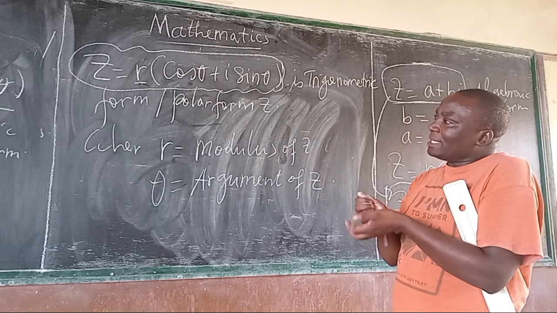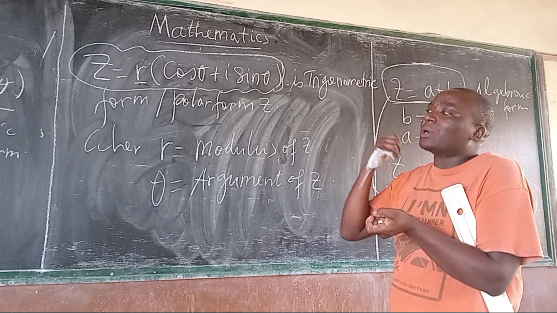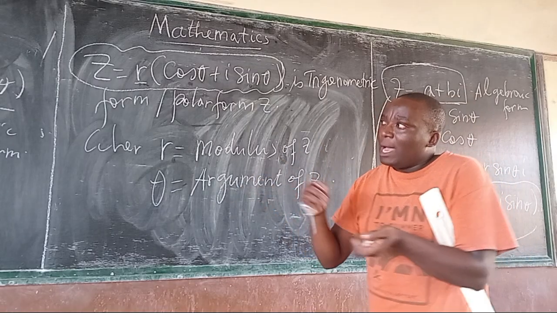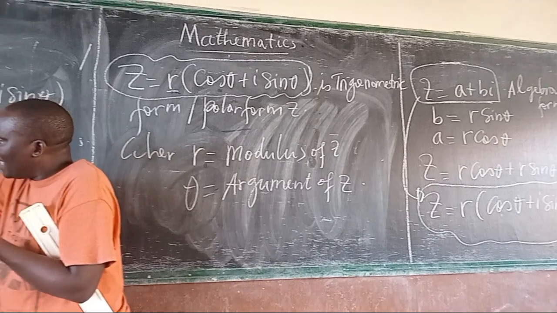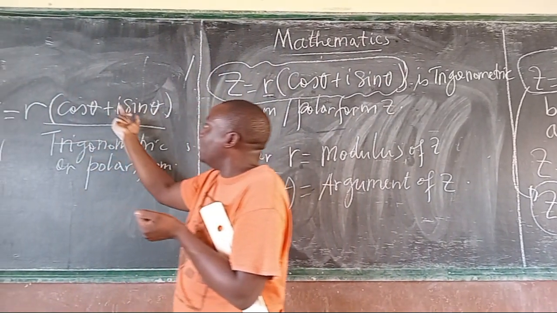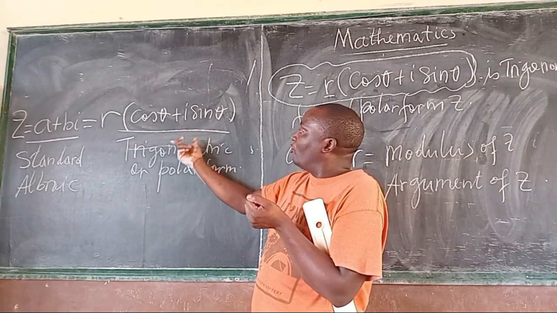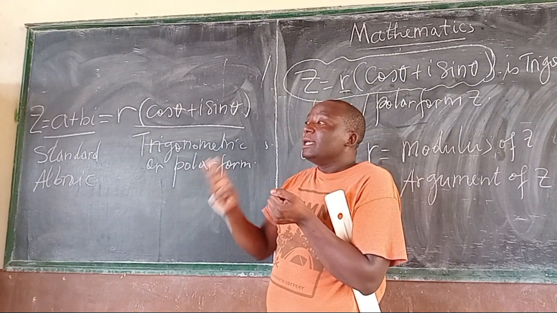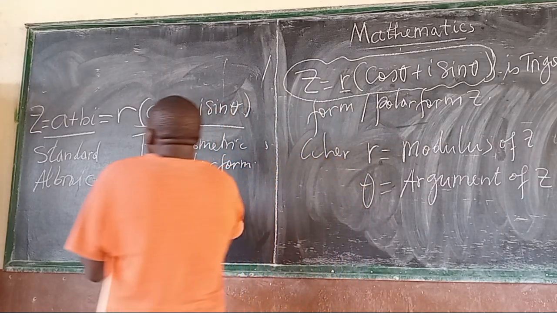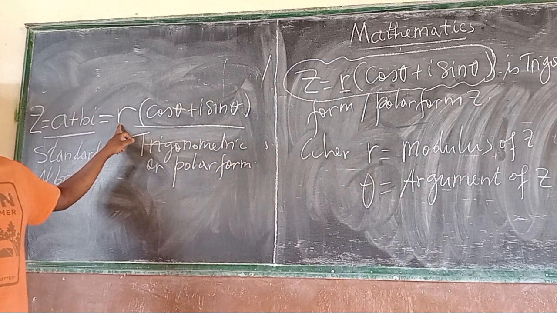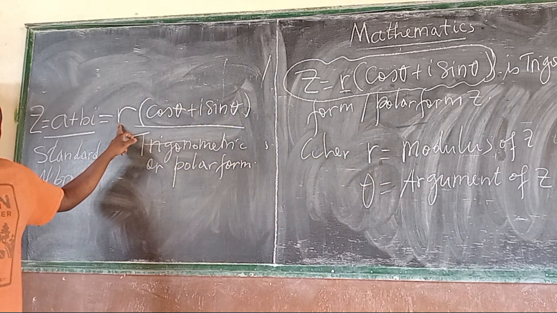Then, teachers, the question we have is how to come from this standard form or algebraic form to the trigonometric form. It requires two things. The first thing is to find the modulus of the complex number.